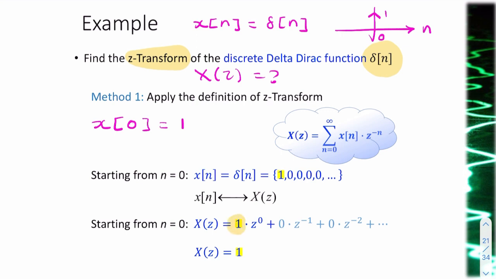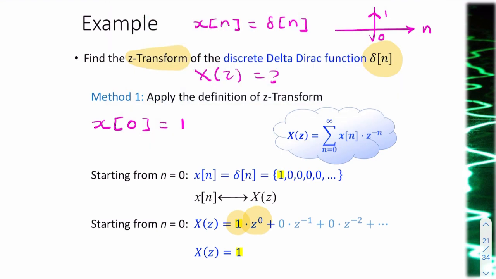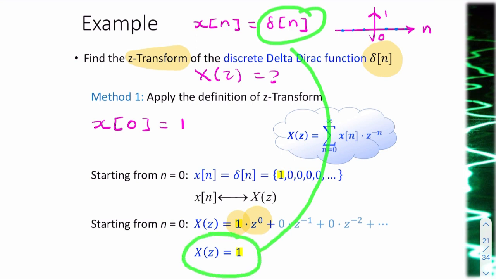So there you have 1 times z to the 0. And then because the signal actually looks like this, 0, 0, 0, 0, lots of zeros, all values before and after this particular value are 0. Therefore, the zTransform of a unit impulse is simply 1.